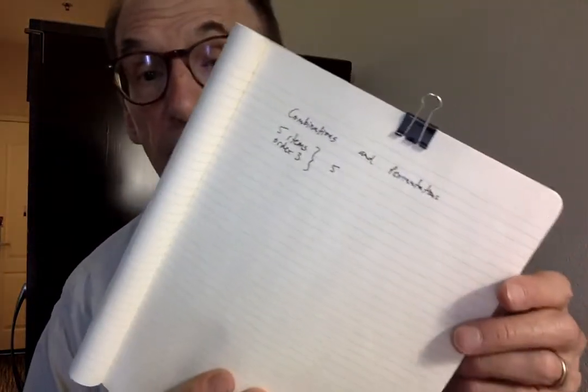So we can start with this. If we have 5 items on the menu, and let's say we're going to order 3. So what happens here is that you've got 5 choices for the first thing that you order. This is the same multiplicative rule we've been talking about.